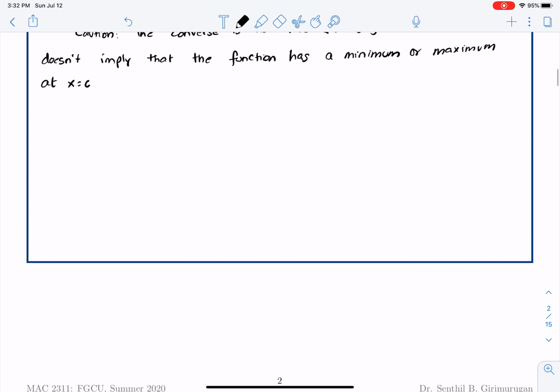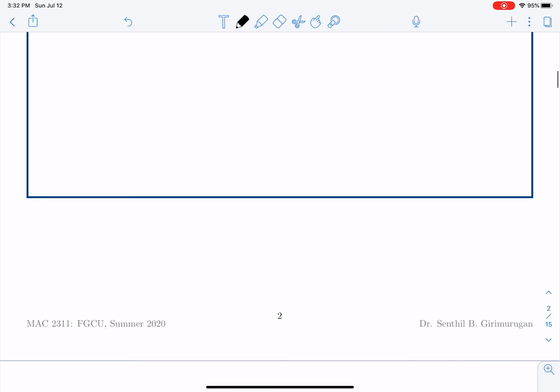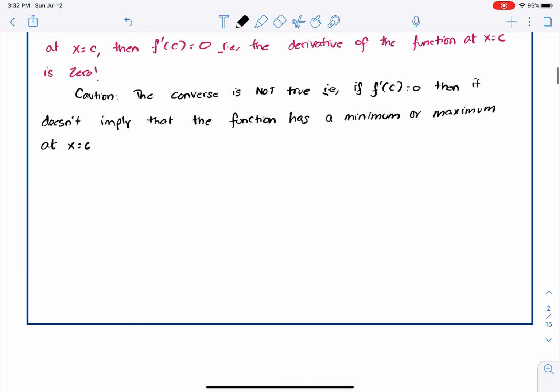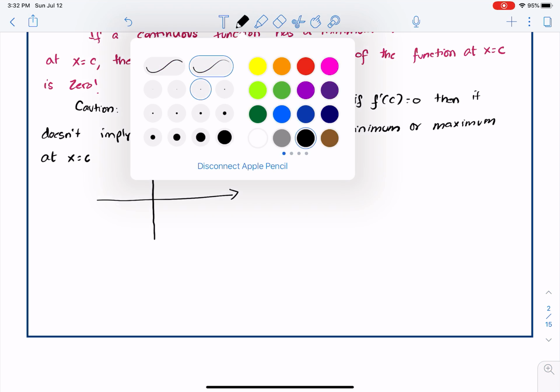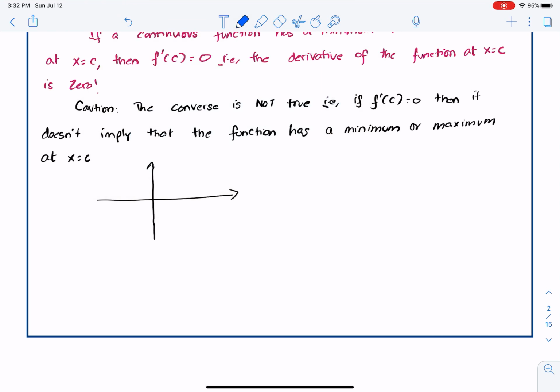A good example would be a cubic function and I have x is equal to 0 over there, and I want to draw a tangent line, and if I drew it, it's going to be right there.